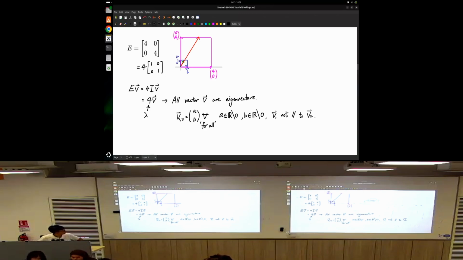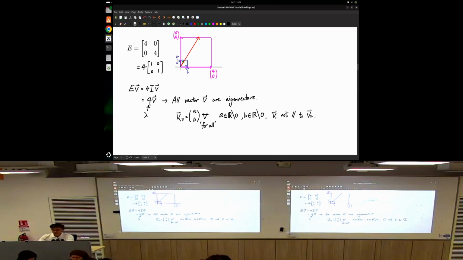And indeed, you can of course solve the characteristic equation. You do lambda squared minus the trace, which is 8, so you get lambda squared minus 8 lambda plus 16. 4 times 4 is 16, right? So the repeated eigenvalue is 4.